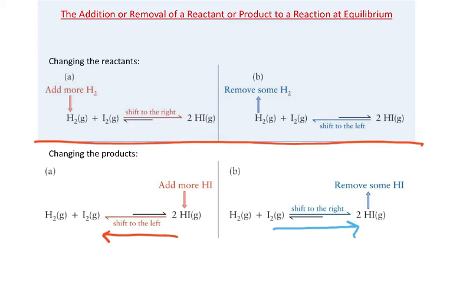So if you can go into the reaction and continually remove ammonia or remove product from the reaction, then you will cause a continual shift to the right and continue to make more product. So you can remove the product that you want, and it will continue to shift to the right. And so that's one way to manipulate equilibrium to get more product or higher yields. Okay, so that's adding or removing reactant or product.